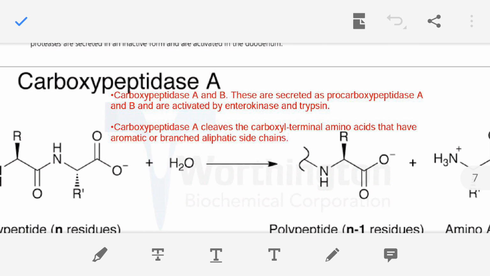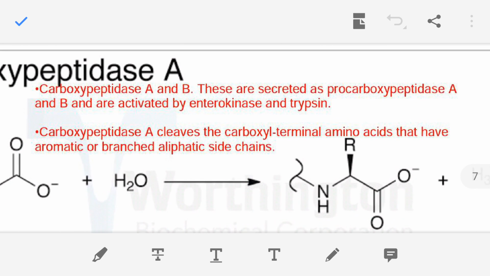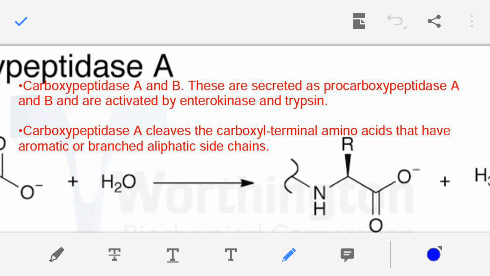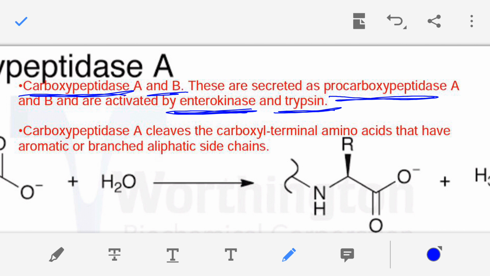Carboxypeptidase. First of all, there are two carboxypeptidases in the pancreatic juice, carboxypeptidase A and carboxypeptidase B. Both are secreted in the inactive forms, procarboxypeptidase A and procarboxypeptidase B, and they are activated by enterokinase and trypsin.